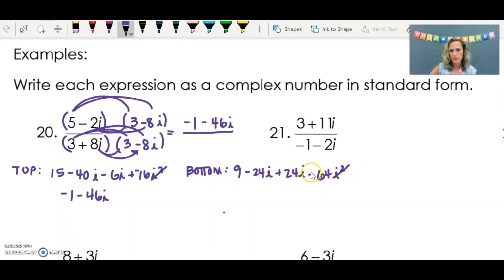My i squared is going to change my sign here because that's -1 times -64 makes a positive. These 2 middle terms eliminate each other, and here I get 73. So the denominator of my rational expression is going to be 73. And then there's nothing to simplify any further, so that is complete.